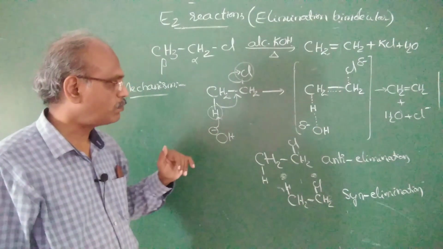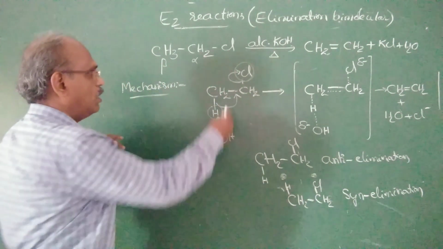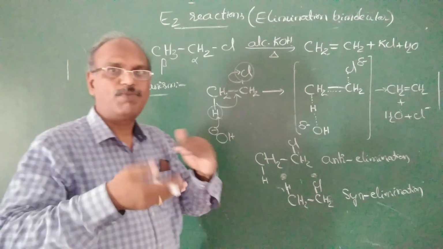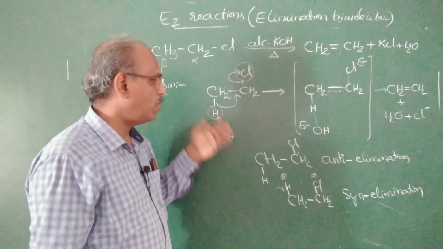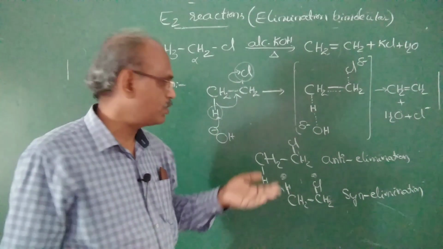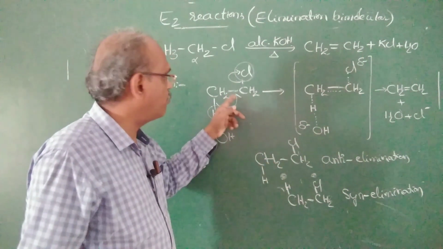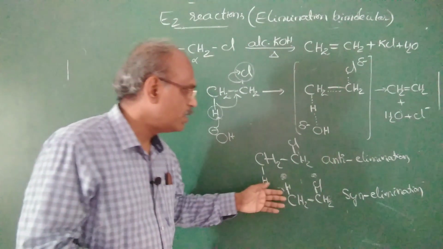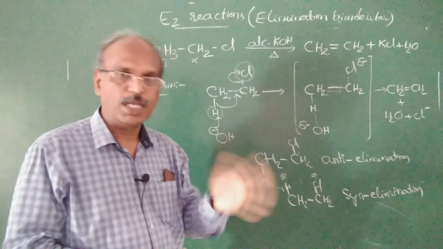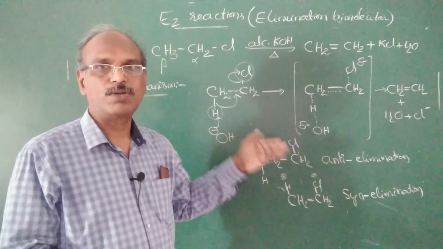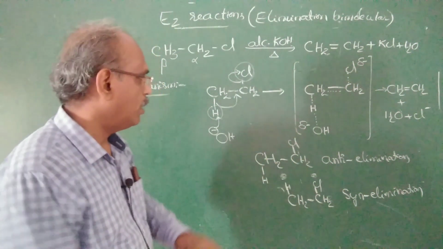Okay. In this case, about the carbon-carbon single bond, free rotation of atoms is possible. So anti-elimination takes place. But in some cases, free rotation about this bond may not be possible. In such cases, syn elimination may take place. We will see those examples at the end of this topic. First, let's continue.